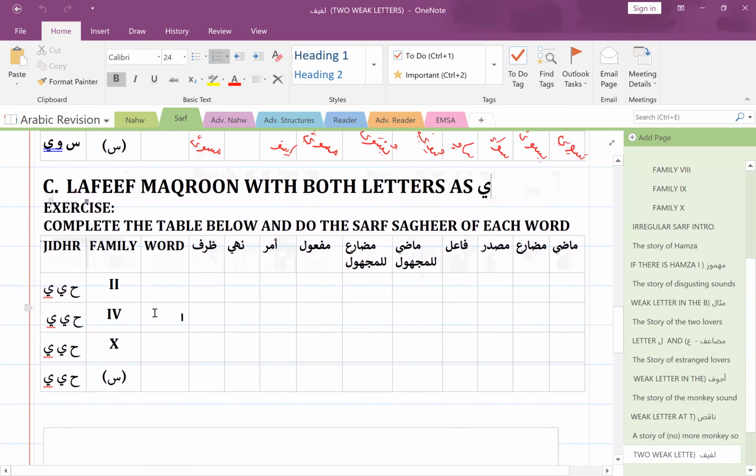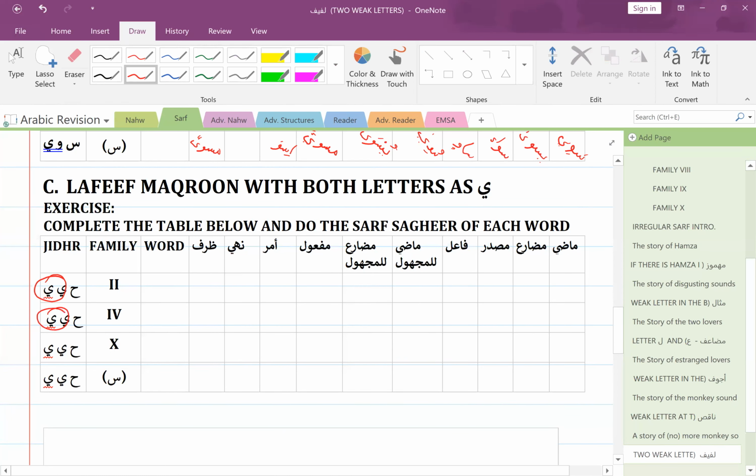Who wants to participate? But before we start, I just want to remind you guys that when Lafeef comes with both yas, in the Madi you can treat it either as muda'af or as naqis, because there's a doubling effect happening. You can see that it's behaving like muda'af because now you have two yas coming together.